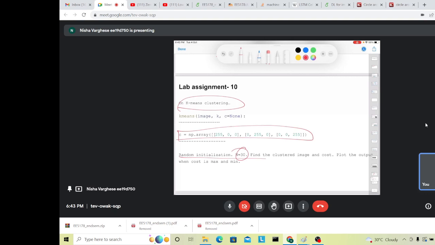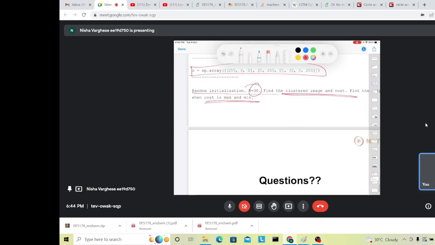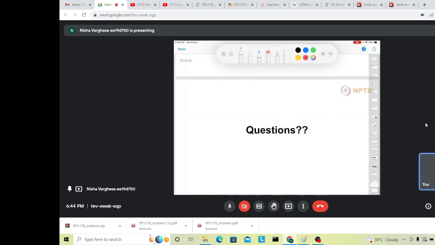Here you have to find the clustered image and cost, and plot the clustered output for the maximum and minimum cost. You will find that the output at the minimum cost will be a good clustered image. So this is all about the week 10 videos.